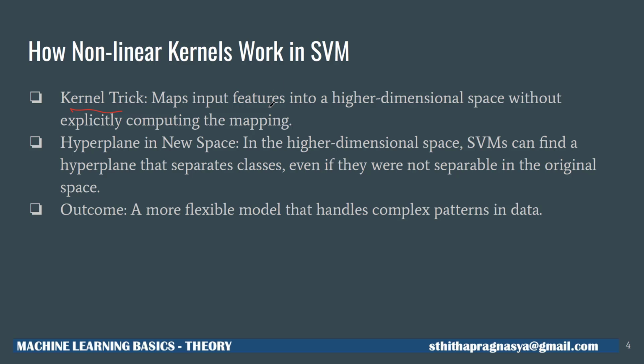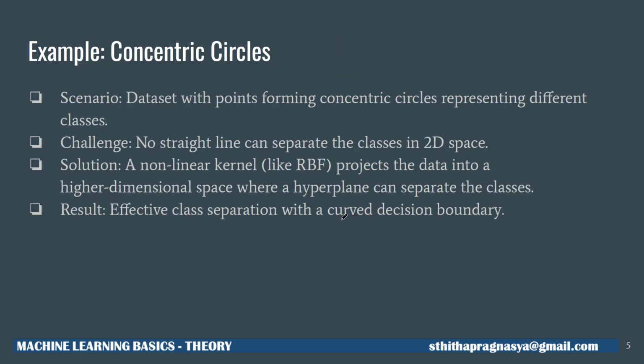And how does it do it? Using the non-linear kernel. The result is a more flexible model that can handle complex patterns in the data, which is particularly useful in cases like the one we are going to discuss in a minute. And that is concentric circles.